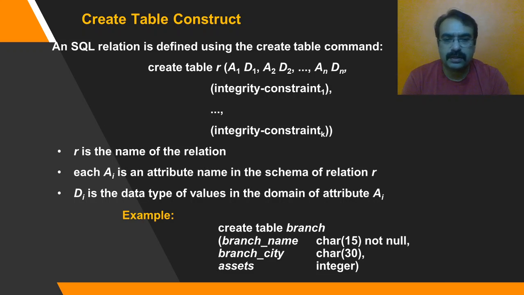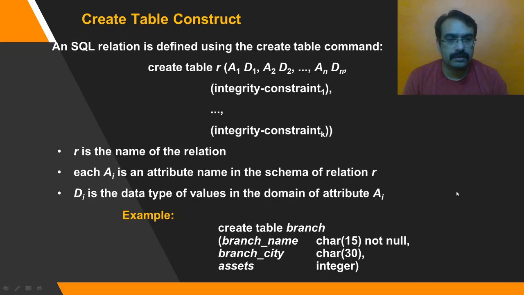For example, whatever banking schema database we are using, the same I am trying to define here. We are trying to create table branch, which has three attributes: branch name, branch city and assets. Here you can observe how it is defined.